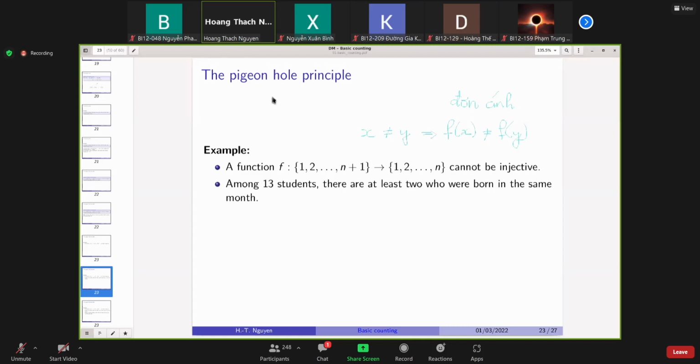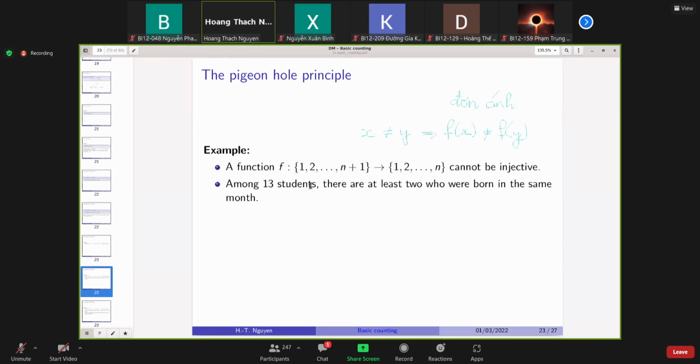The difference is that for the birthday paradox, we were talking about possibilities, but for the pigeonhole principle, you are sure, in other words you have probability one, that something exists.